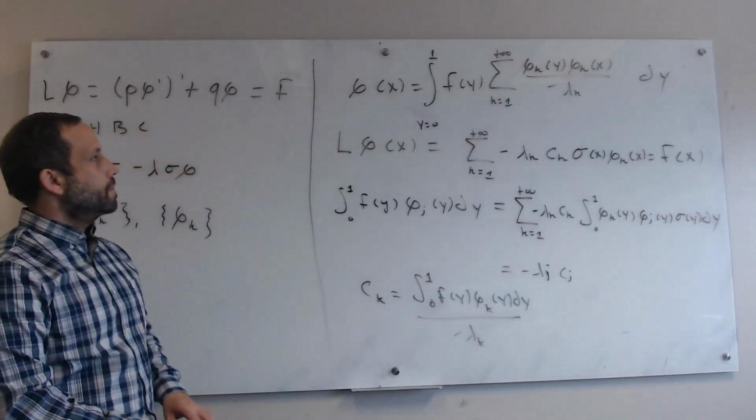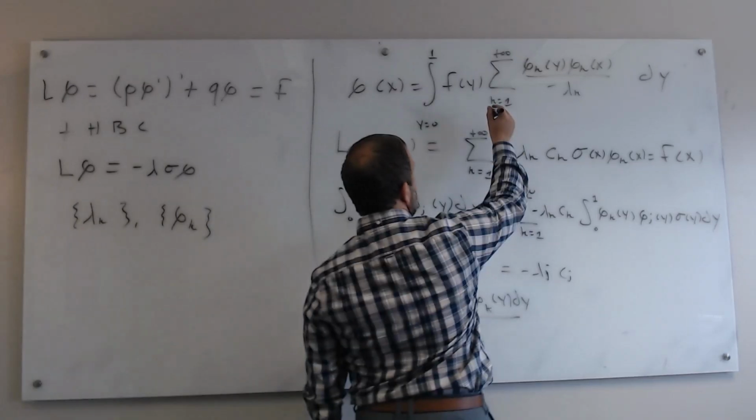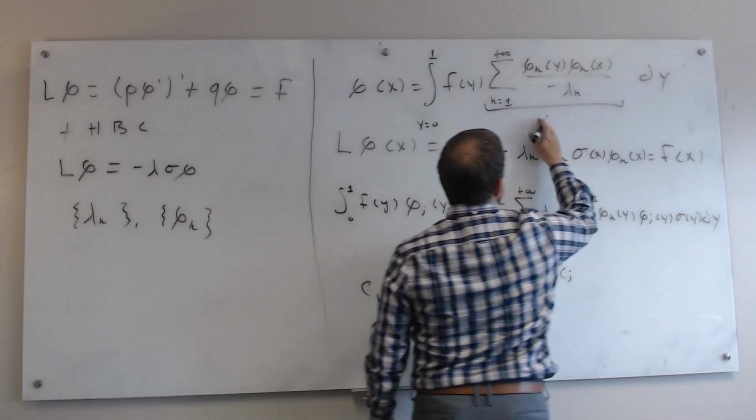This is what we get. And this function right here is called the Green's function for the problem.